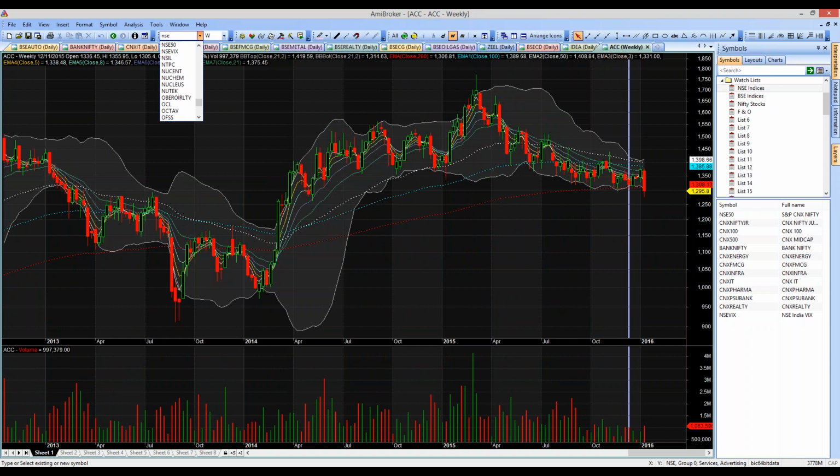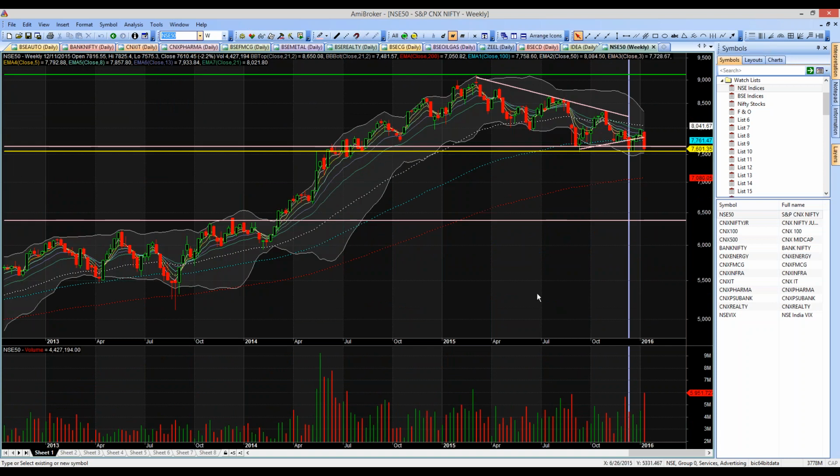Okay, so I'm going to keep the NSE Nifty index here, in a weekly setting just to start off. You can very clearly see that we're in a pretty bearish phase of the market. Today is Friday, and the market has closed with a very bearish view, including a very strong volume candle right at the bottom, and this is a weekly chart.